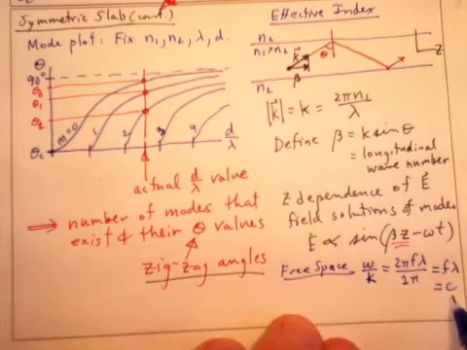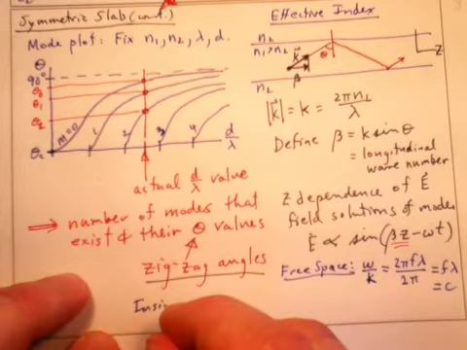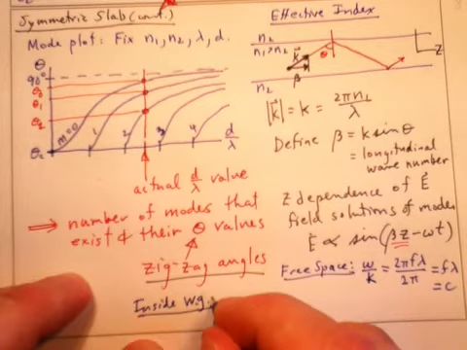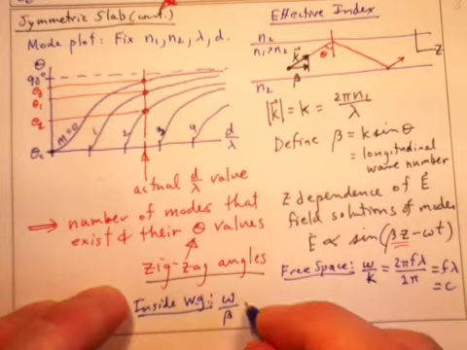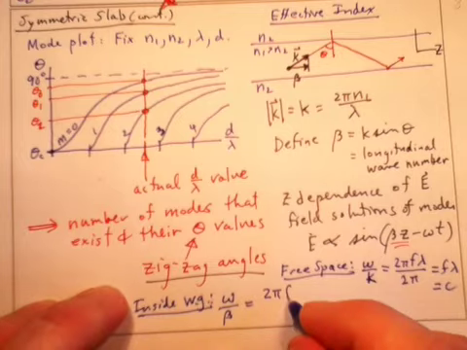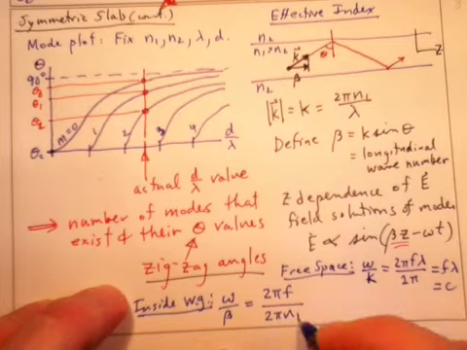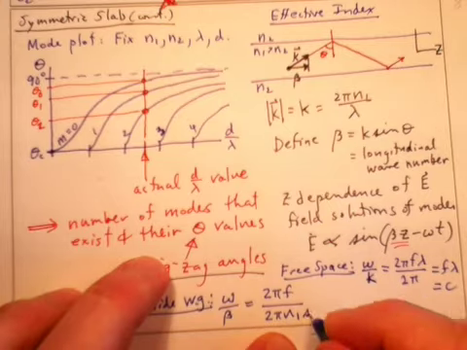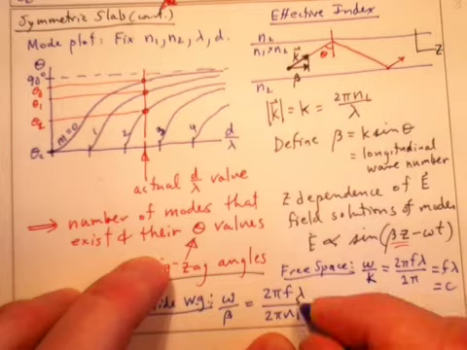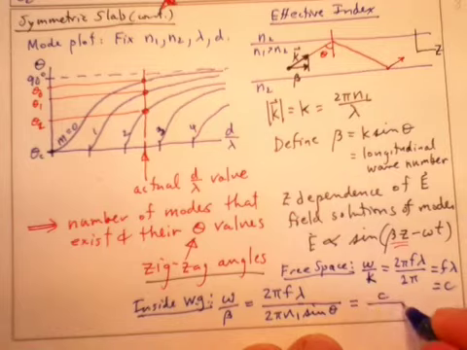Inside the waveguide, we're going to use omega over beta. We write that this is equal to 2 pi f all over, now beta is 2 pi n1 sine theta over lambda. And look, this becomes c over n1 sine theta.